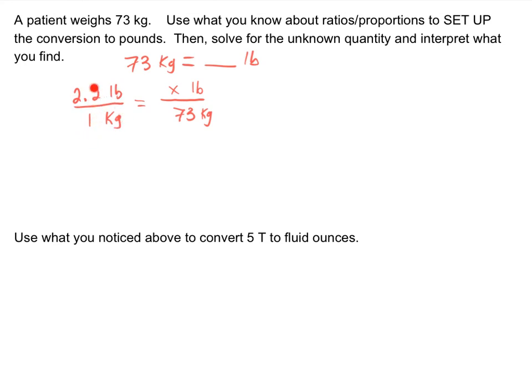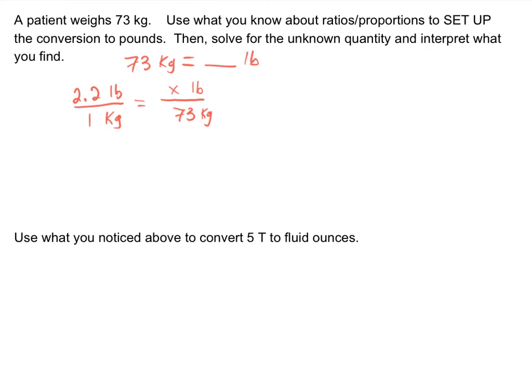This ratio needs to hold because this is the relationship between these two units. And we want to find an equivalent ratio, but instead of 1 kilogram, we have 73 kilograms. Now we know we could cross multiply, or we could look at how the units in the one ratio are changing, what factor, or we could look across, kilogram to kilogram, how that's changing.